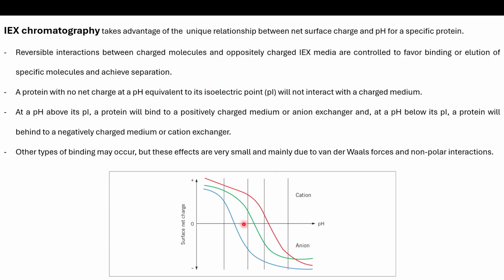Okay, what we read about earlier. So this is the graphical representation of the net surface charge as a function of the pH of the surrounding medium.